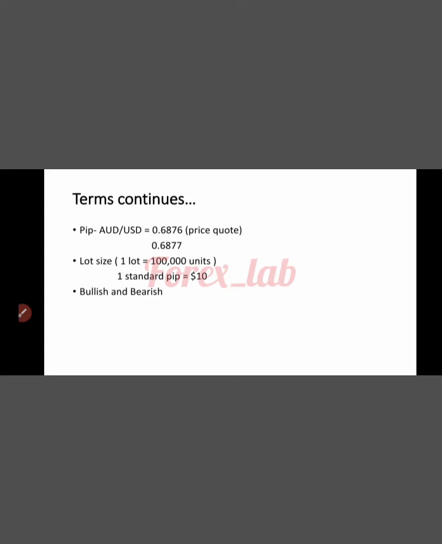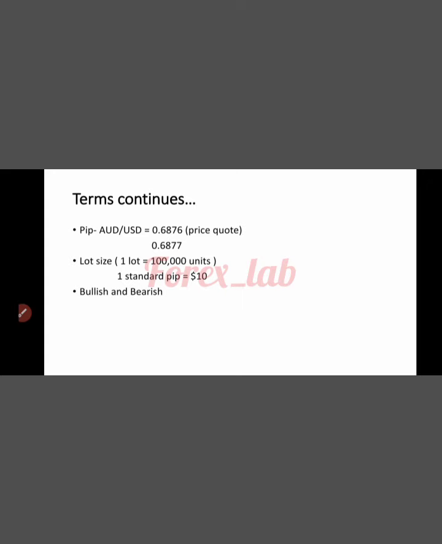The next one is lot size. A lot in forex trading is the size of the trade or position that you will open. One lot in standard forex on a currency pair is the equivalent of 100,000 units of the base currency of the pair.